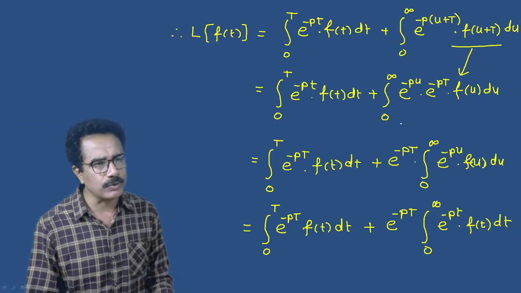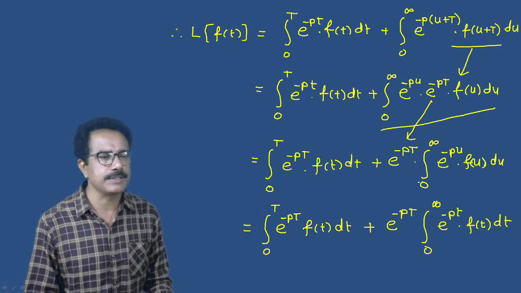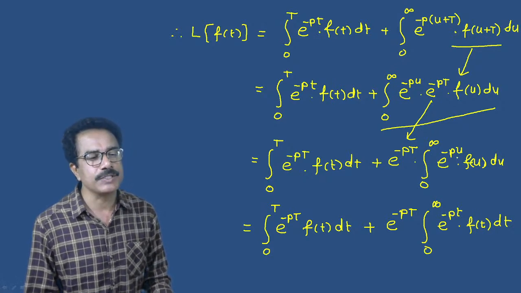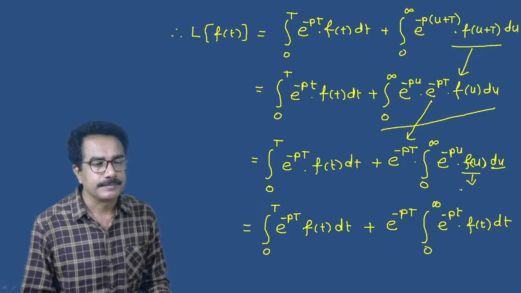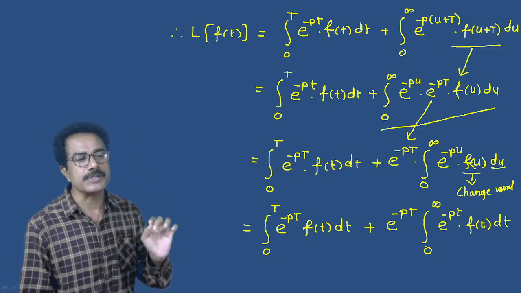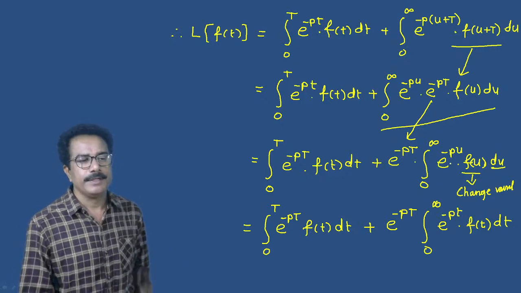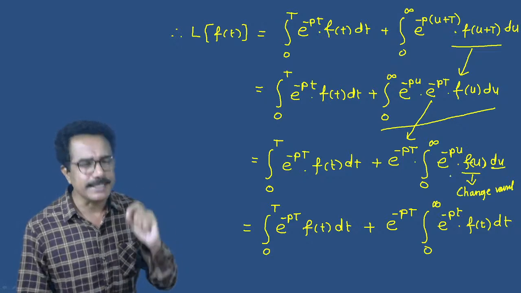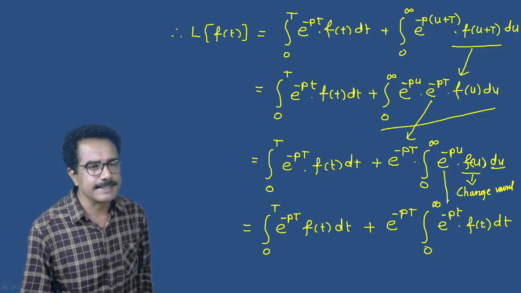Now again we have to solve only this second integration. Keep out of the integration e raised to minus pT, this is the constant. So the remaining integration is 0 to infinity e raised to minus pu f of u du. Now we have to write this second integral in terms of t, so replace the variable u with t.